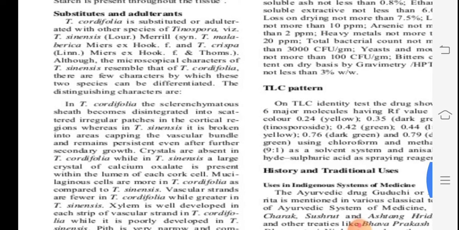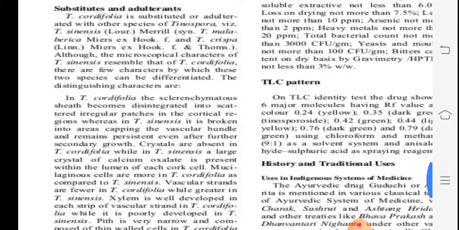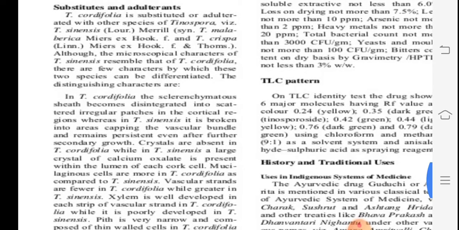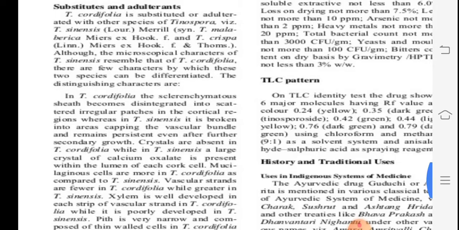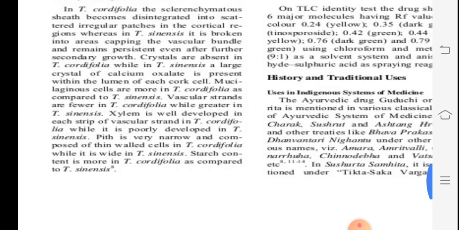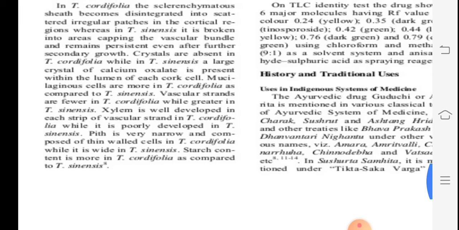So which are substitutes? Tinospora cordifolia is substituted mainly by Tinospora other species, sinensis, then malabarica, and then crispa. They having the less content, and therefore their stems are generally added. They look similar, but content is less. And the sclerenchymatous sheath in pericycle is less, or the starch grains are less.